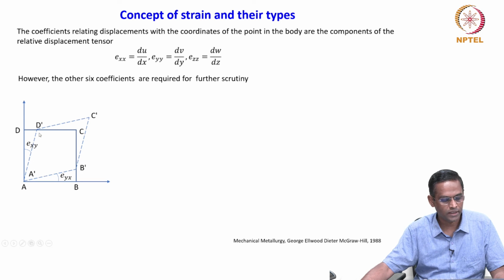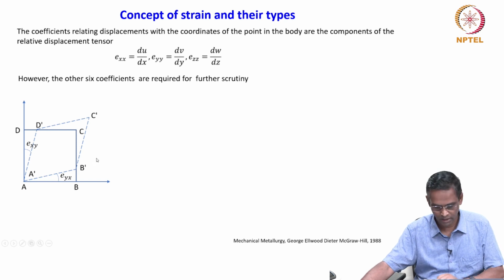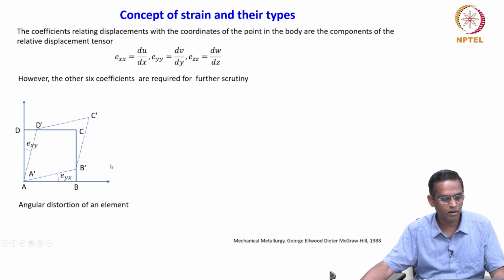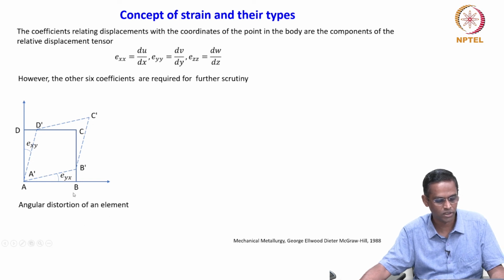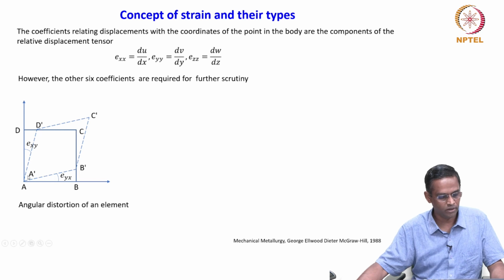So, you see that the square member has been deformed in the form of angular distortion, or I would say the deformation is angular distortion of this element here. So, what is this deformation here?